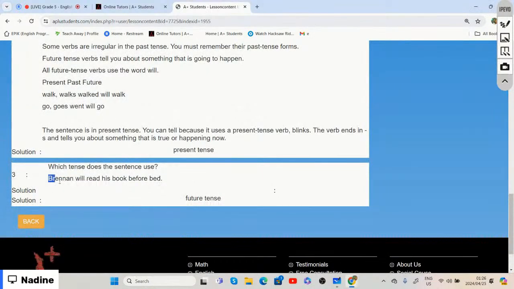If we look at the next one, Brennan will read his book before bed. We need to say if that is the present tense, the past tense, or future tense.